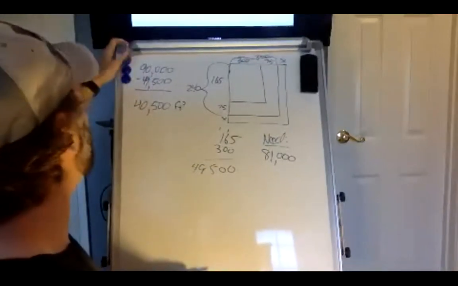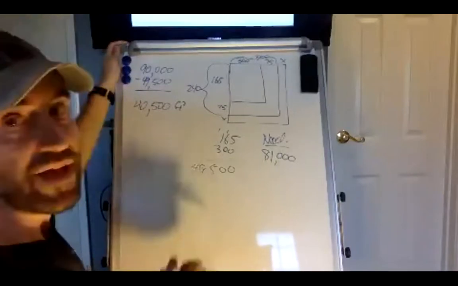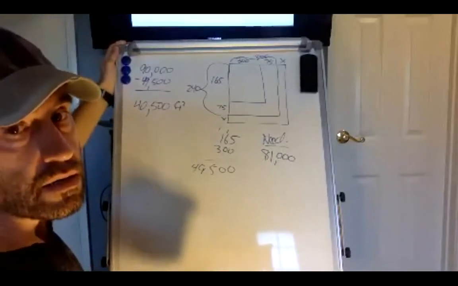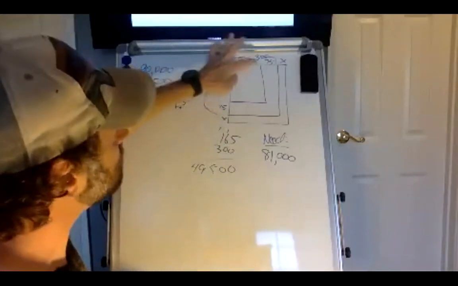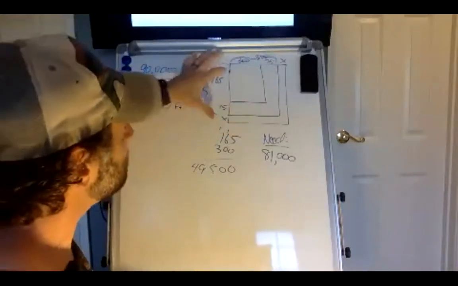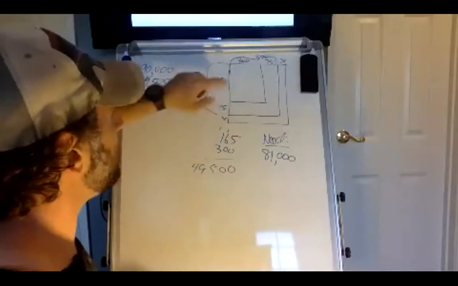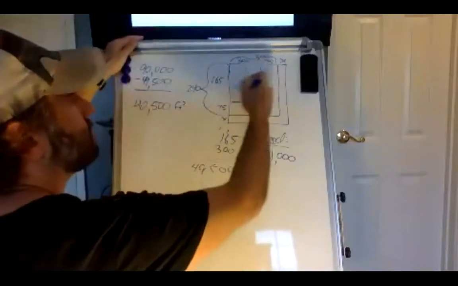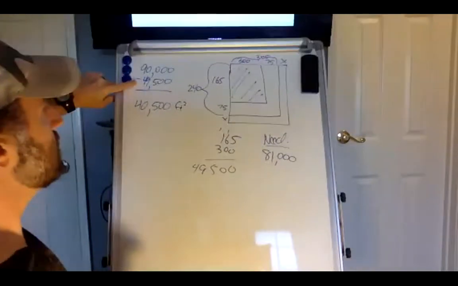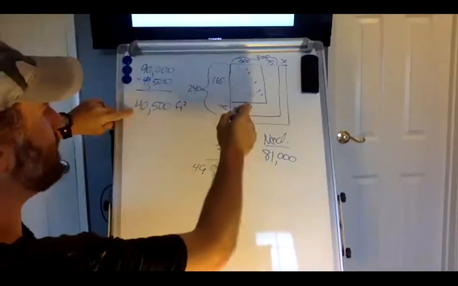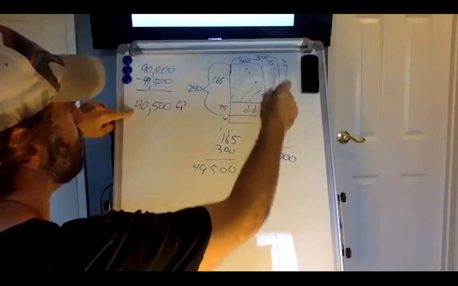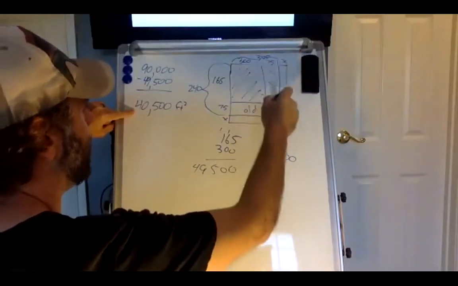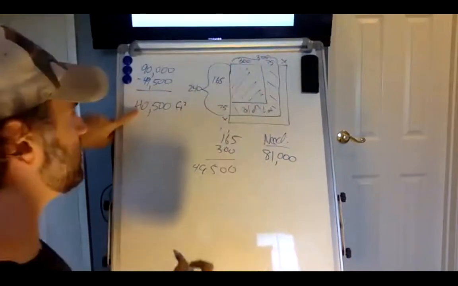Okay, here we go. See what I have so far? I added these two to get this medium rectangle, the area. Then I subtracted the store, which you see here. That leaves me the old lot, all of that area, which is 40,500.